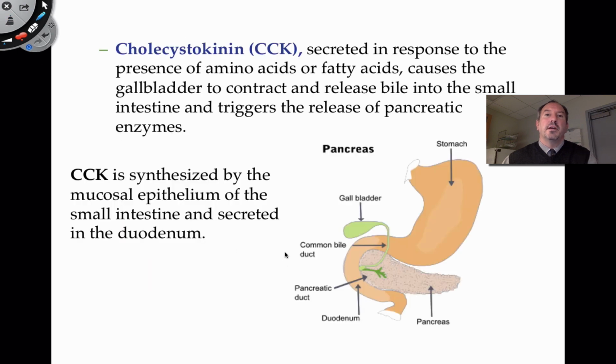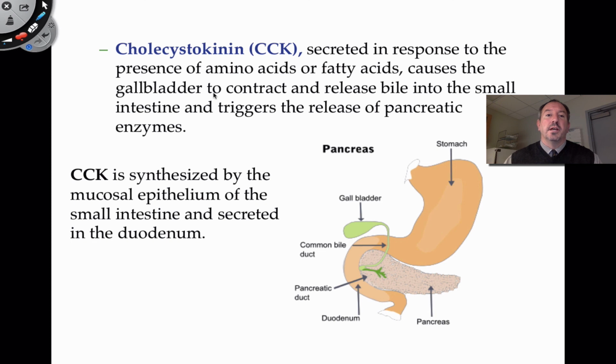And so here's another hormone that's really cool. Big pronunciation here, you ready? Cholecystokinin, CCK for short. It's secreted also by the duodenum. It's synthesized by the mucosal layer of the epithelium of the small intestine, in response to the presence of amino acids in fattier foods. And so it does a couple of things.